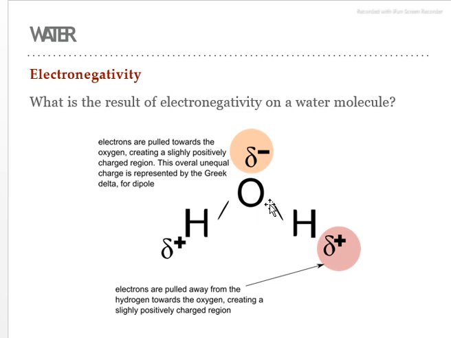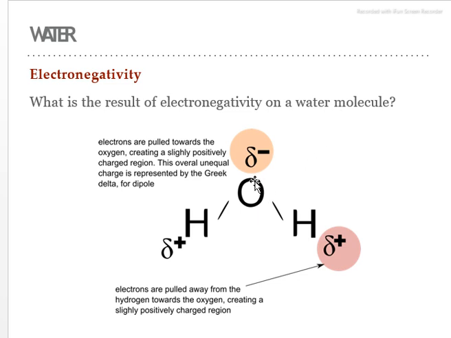If the electrons are pulled from hydrogen to oxygen, then the hydrogen will get a slightly positive charge, and the electron receiving oxygen will get a slightly negative charge. So it is called delta negative and the hydrogen will get a delta positive charge.